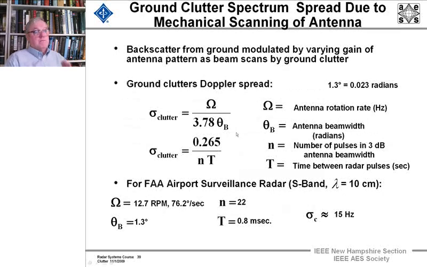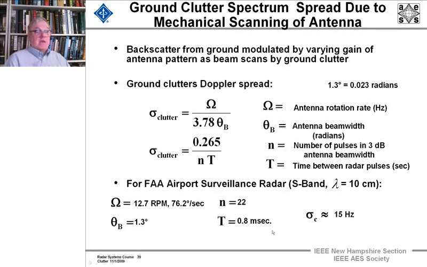Now there's one other property that has to be taken into account when we want to study the spread of spectra, and that is the spectral spread of ground clutter backscatter if the antenna is rotating. It's the case where the antenna is mechanically rotating at a set revolution rate.